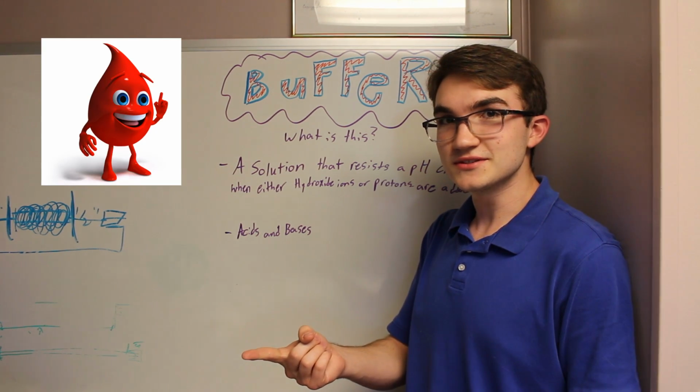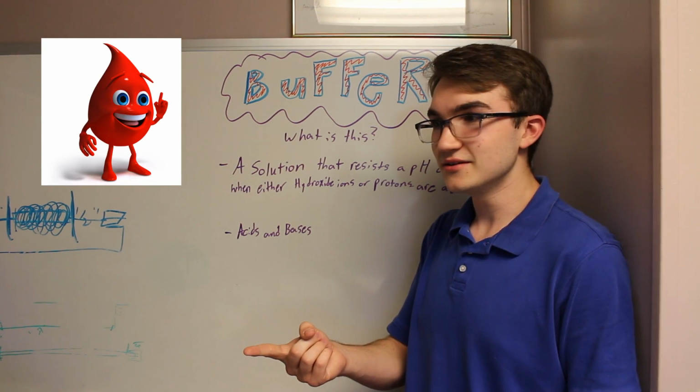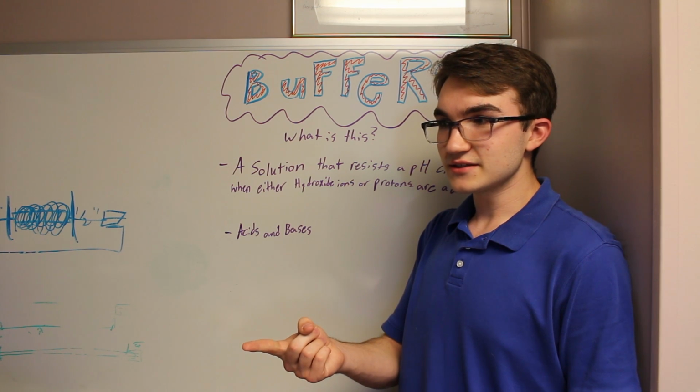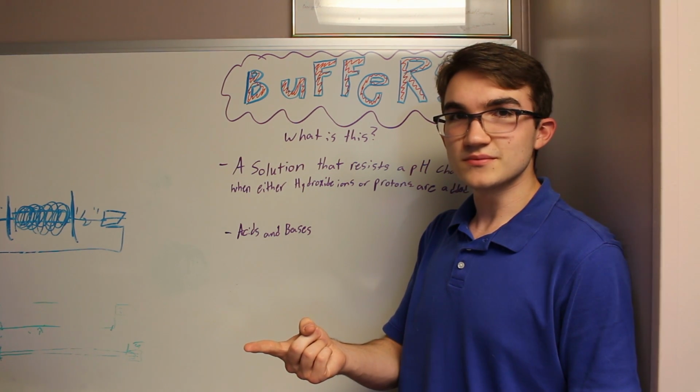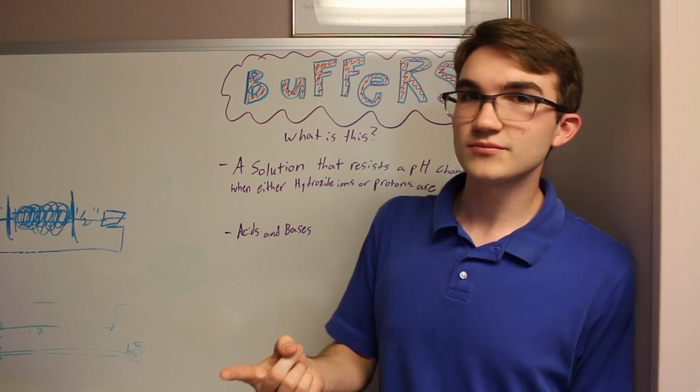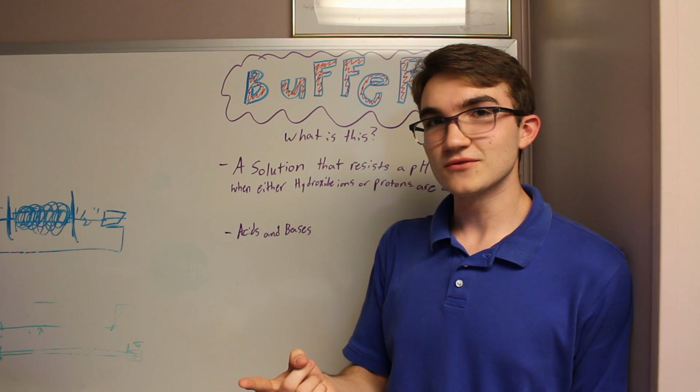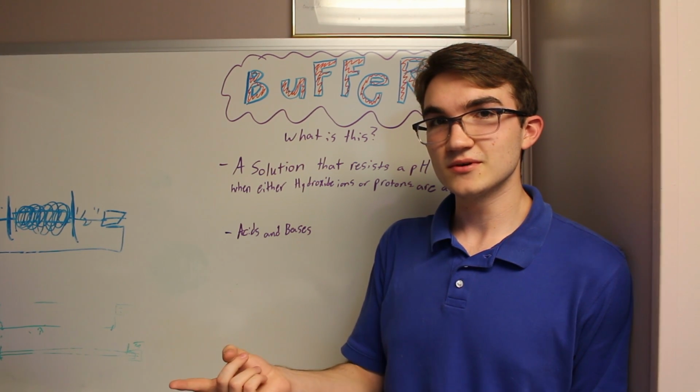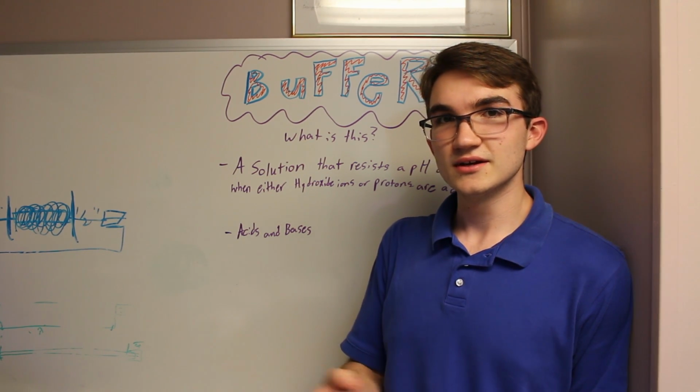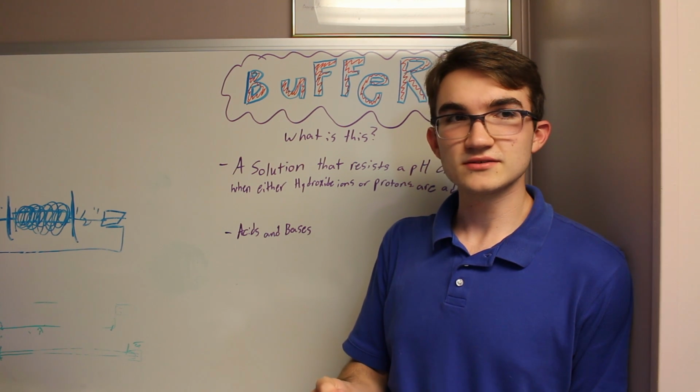Blood. That's always something that we need to buffer because our blood must maintain a pH of 7.35 in order for us to live, or else our blood becomes too acidic or basic, and then we die because no one needs that.